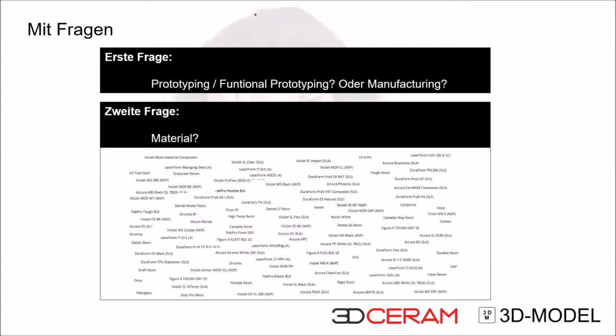Today, we have machines that print many different plastics, from ABS to nylon to flexible material. We have machines that can print metal, different types of metal, from stainless steel, titanium, and even copper. And what is growing, of course, is many different types of ceramic.